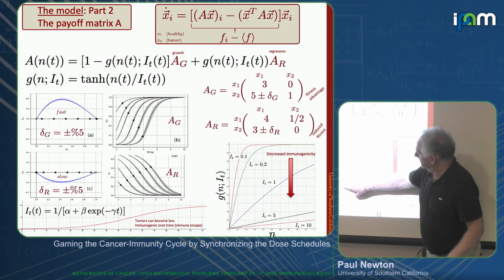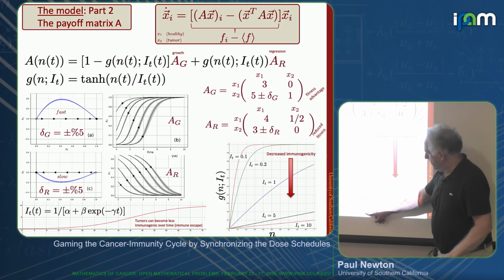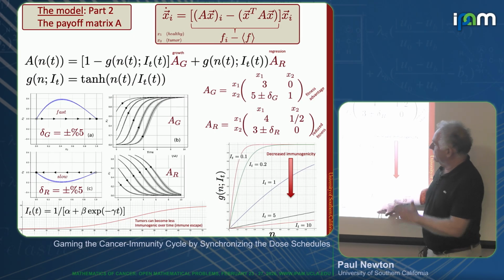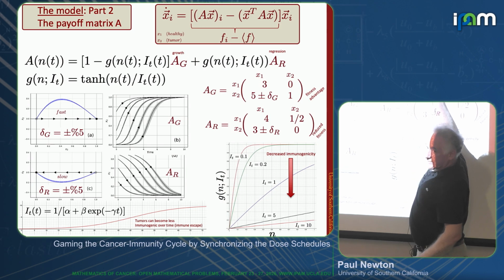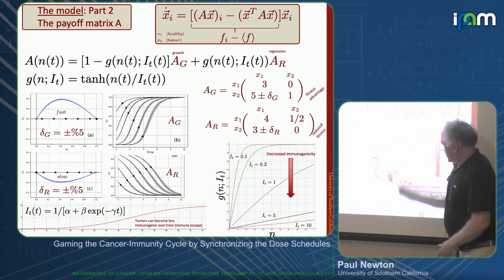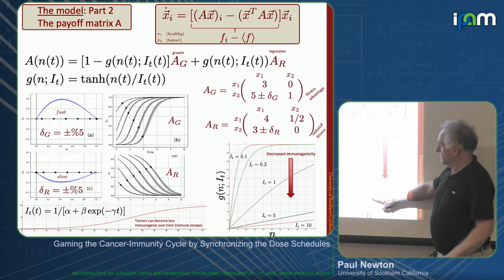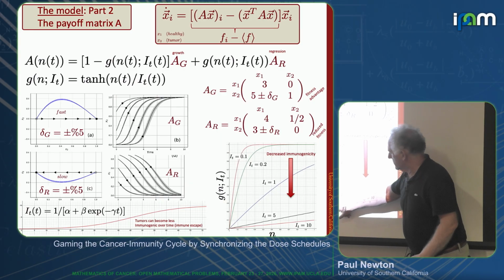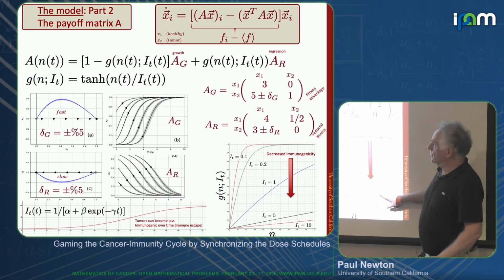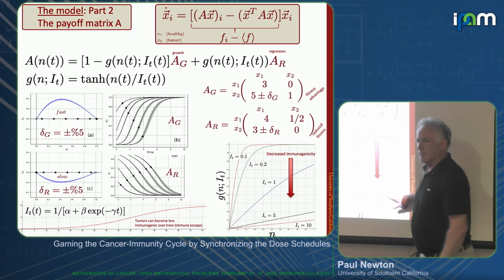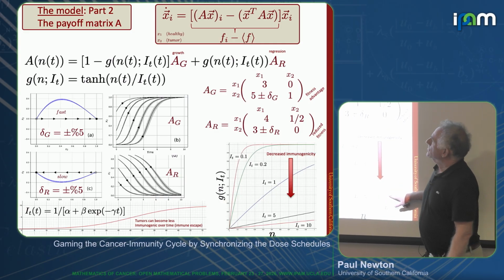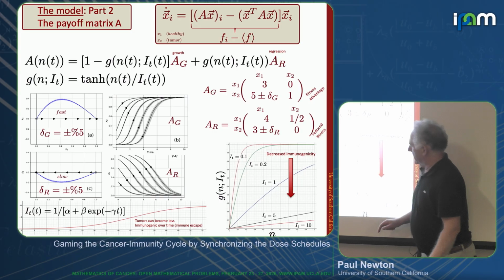So if I of t is very small, then as the immune system rises, it very quickly goes from a growth phase to a regression phase. On the other hand, if I of t is larger, it goes much more slowly from growth to regression, so it's less responsive to the immune system. That's going to be a key for us, that function g.